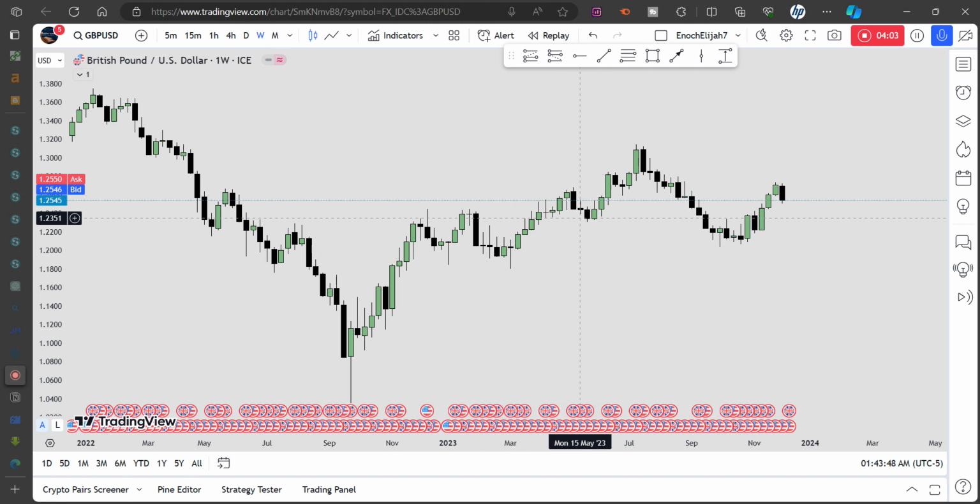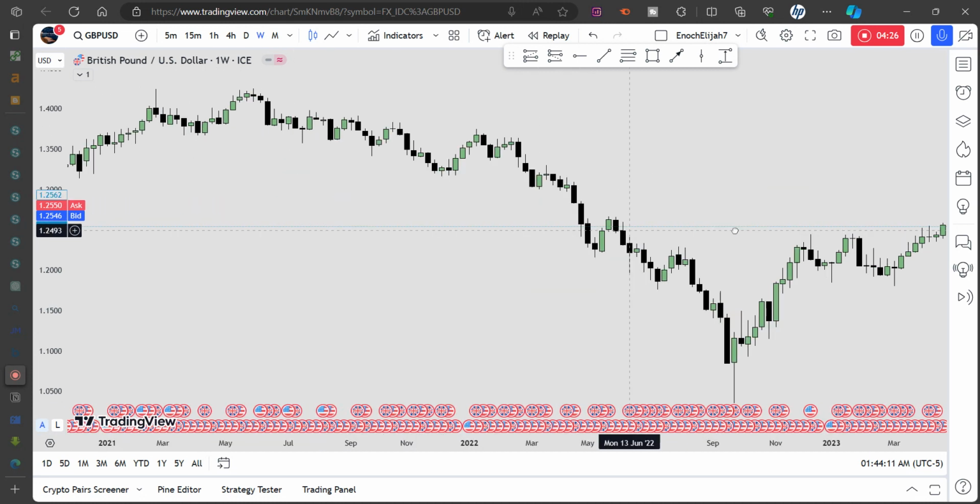That is price pullback. It's more like as if you are climbing a staircase. There's an upward move, and then there's more like steps for rest. Up, pause, up, pause, up, pause. That is how the markets move.